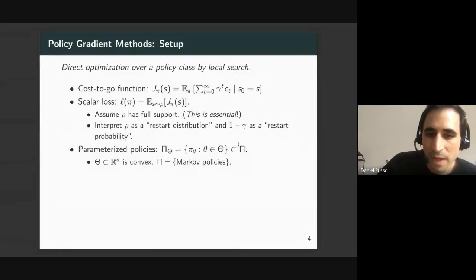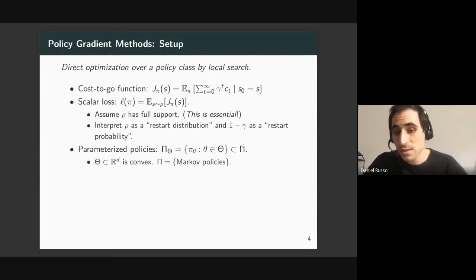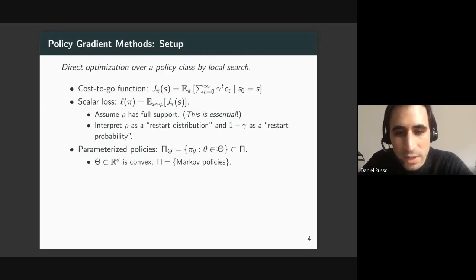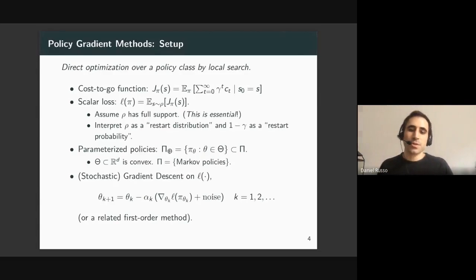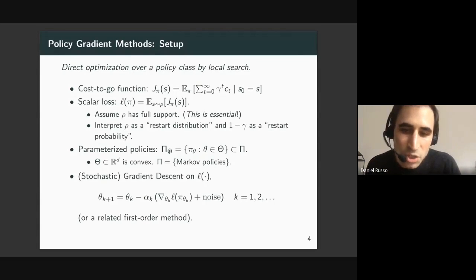So a policy pi maps a state to a probability distribution over actions. Instead, we're searching over a parameterized family of policy functions. Somehow intuitively, this parameterized family captures some inductive bias about which form of policy might be effective.